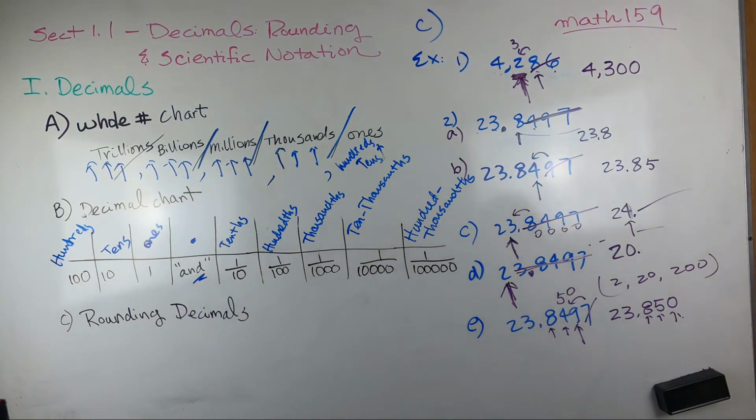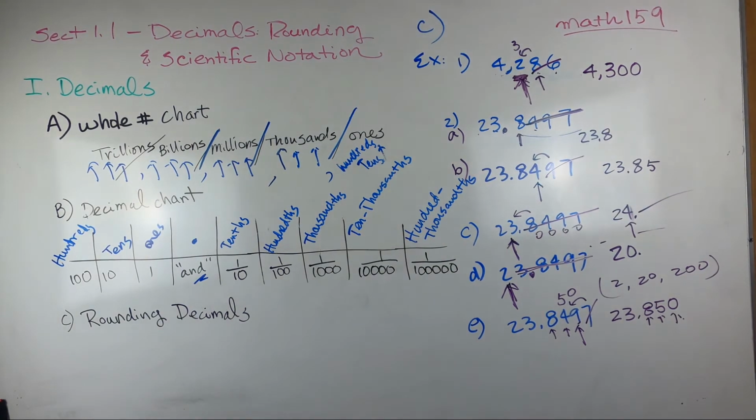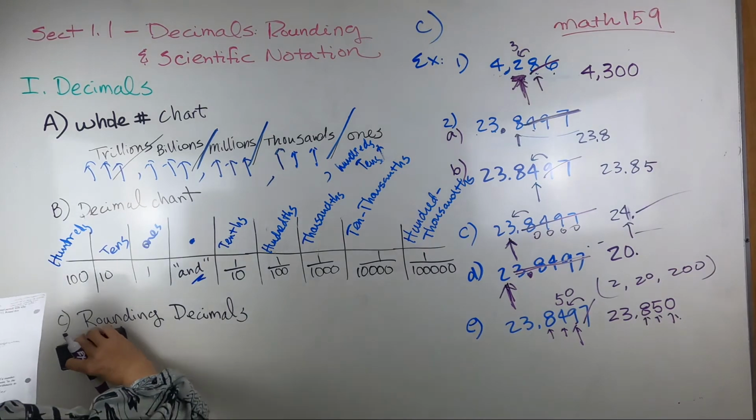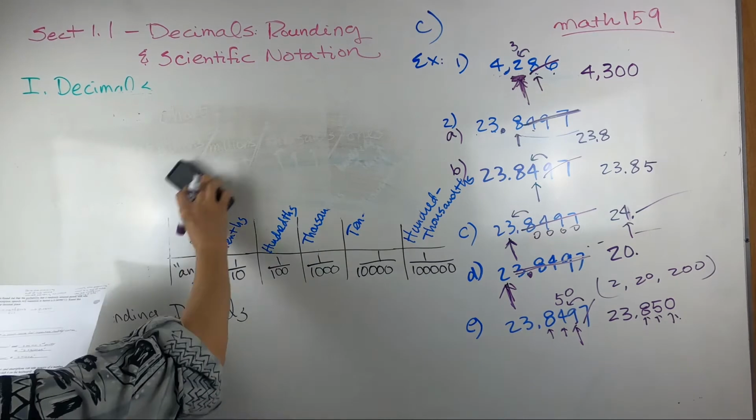Then look at page 3. Next page. Next one, about rounding. So suppose you have this, right?